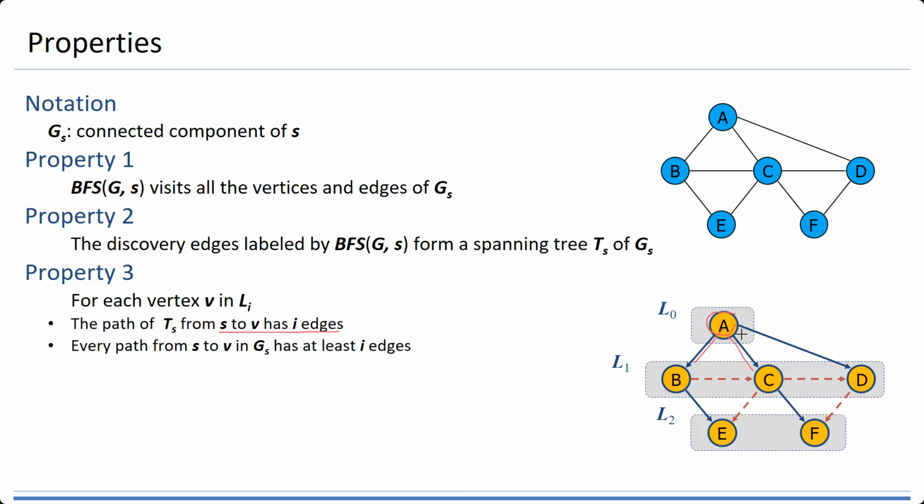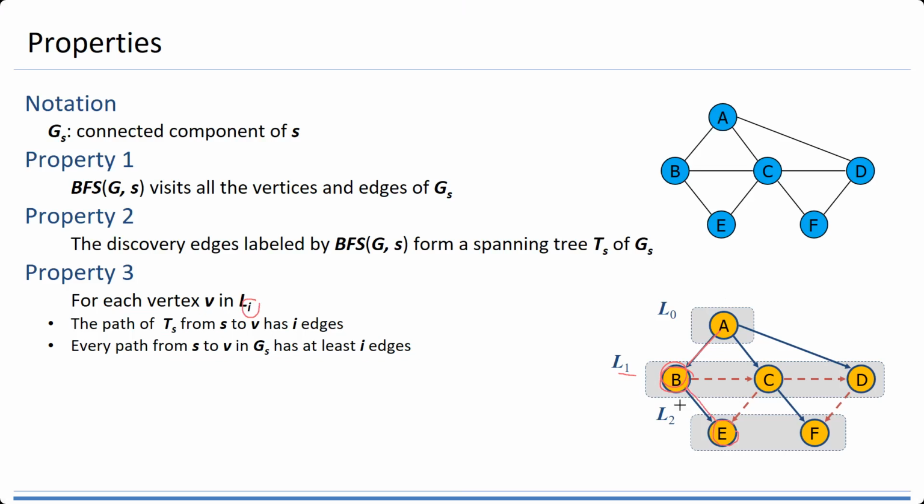Okay. Then we have 1, 2, 3. So at least you have 1. And then every path from S to V has at least i edges. From i to V, at least we have 1 edge. Because from B to E, you have only 1 edge, but it refers to the i.